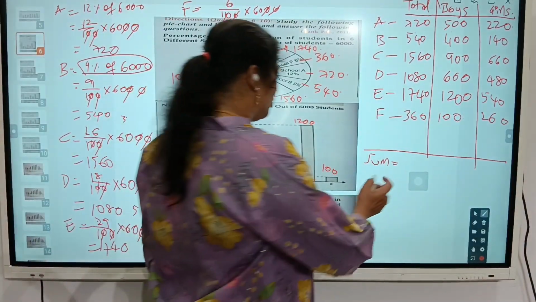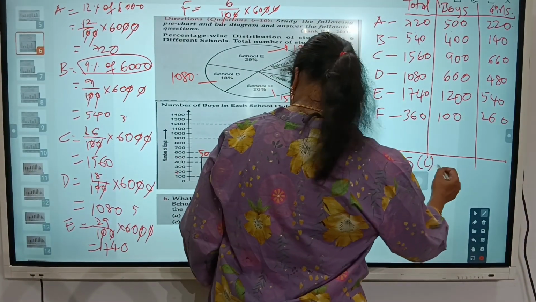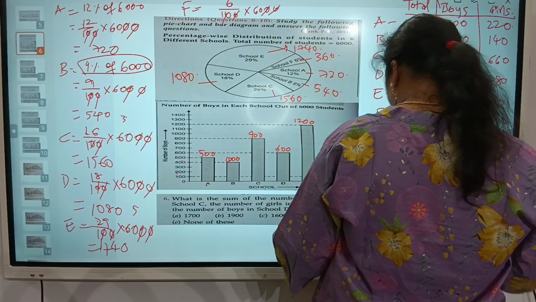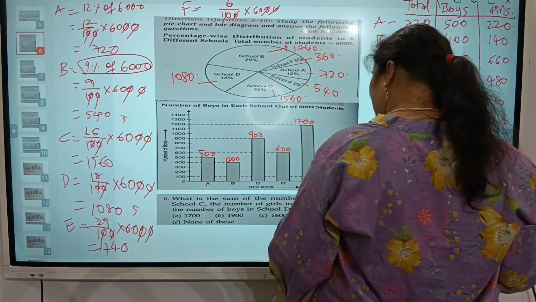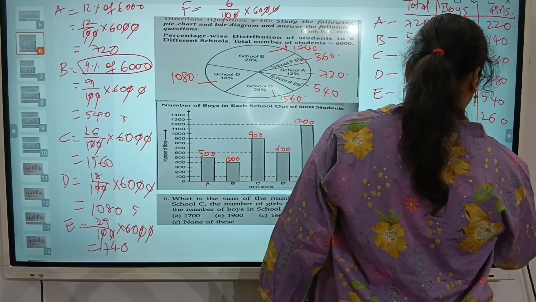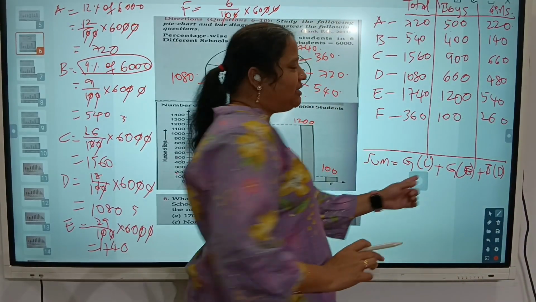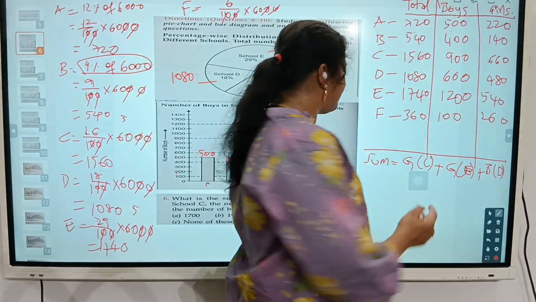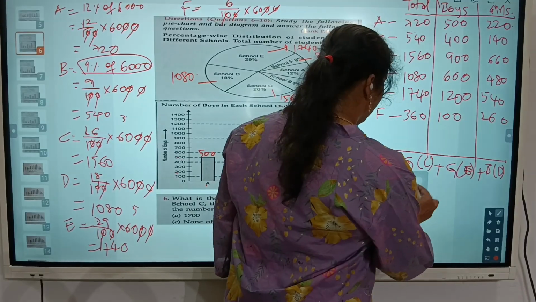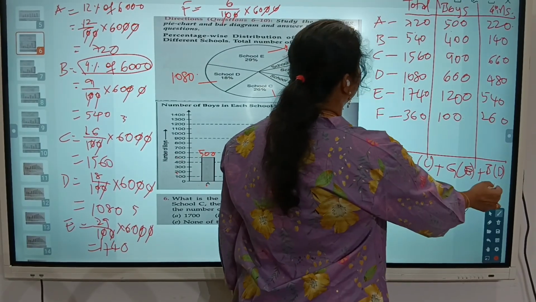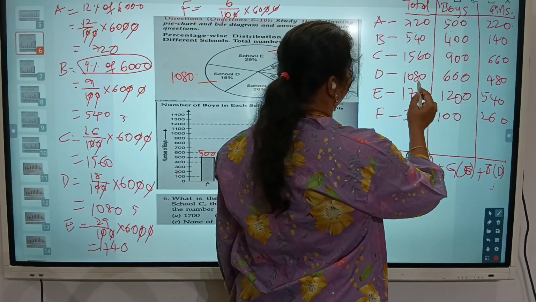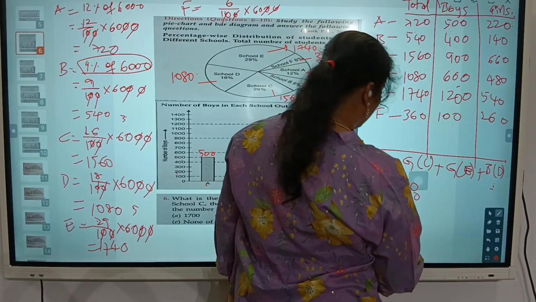Girls in school C, how much? 660. Girls in school E, how much? 540. And boys in school D, 600.